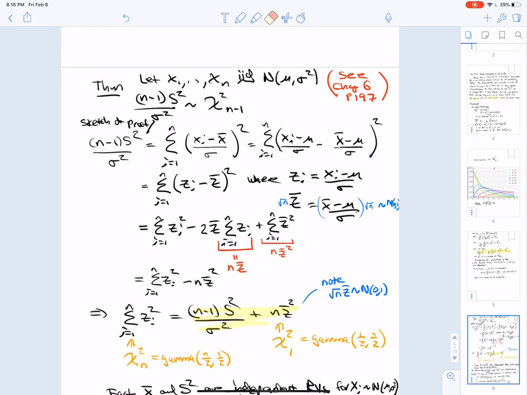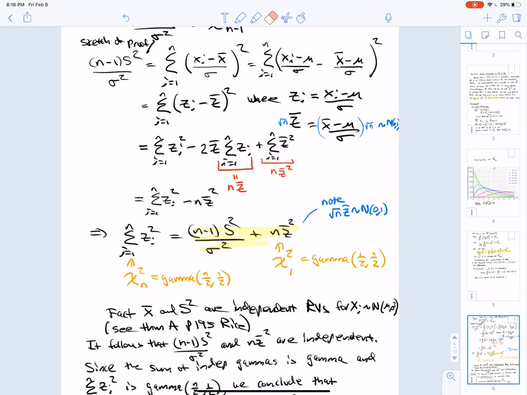Then you FOIL zi minus z bar, and you get what's shown here, which simplifies to the sum of the zi squares minus n z bar squared.